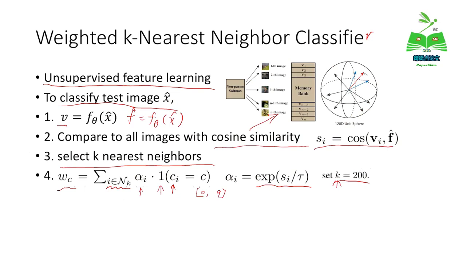It's like the weight. So this weight is also an n-classes vector. And finally, for the real classifier, I think it just selects the max value, the index of the max value. So this is about the weighted KNN.